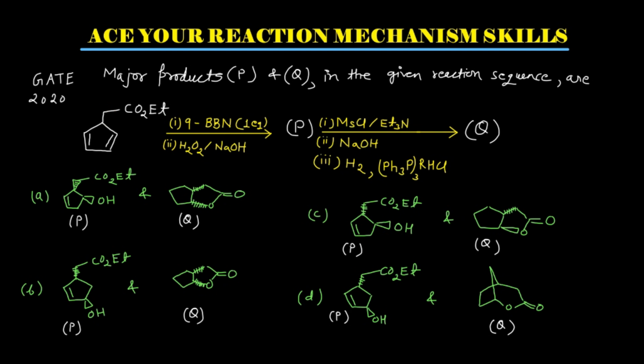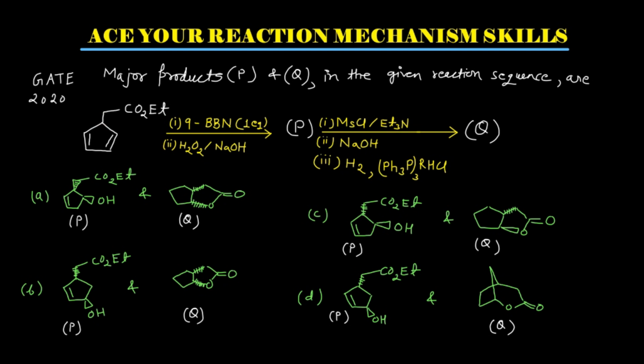The meaning is that you have to assume the stereochemistry of this particular group first, and it is quite a wise decision to assume the stereochemistry of this ester group below the plane, as in all the answers given in the options, this group is below the plane. First of all, you remember this thing.